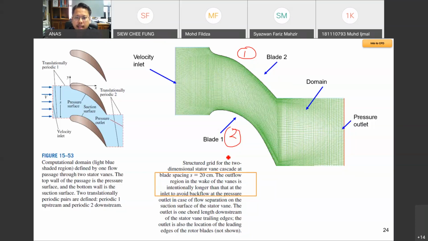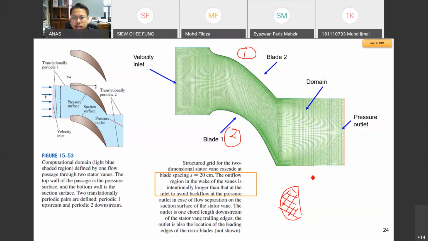If you have a pipe, you simplify your geometry or your mesh or your domain by using just half of the object's dimension, because it is symmetry, so that you can save on computational resources.